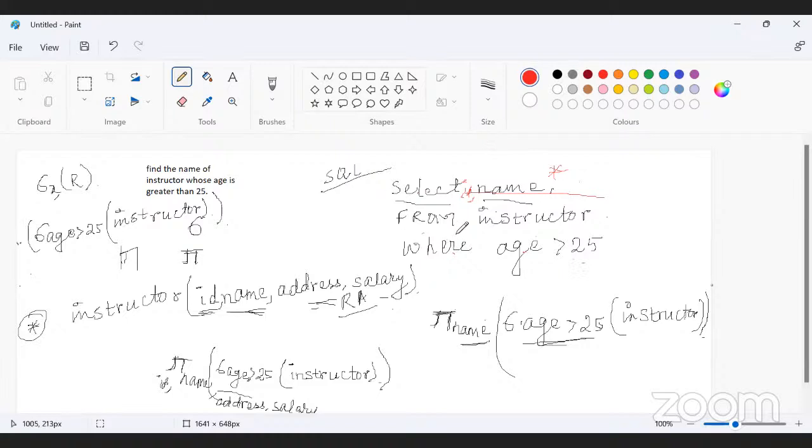Whenever you see this type of SQL query, you can omit the pi operation.